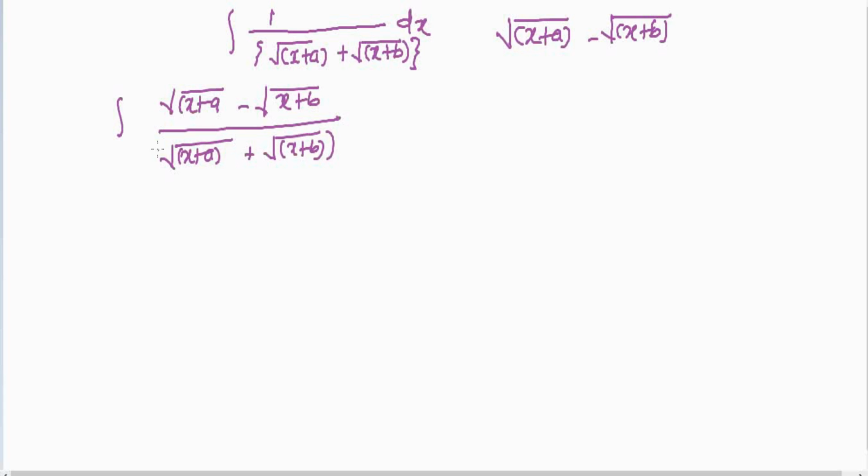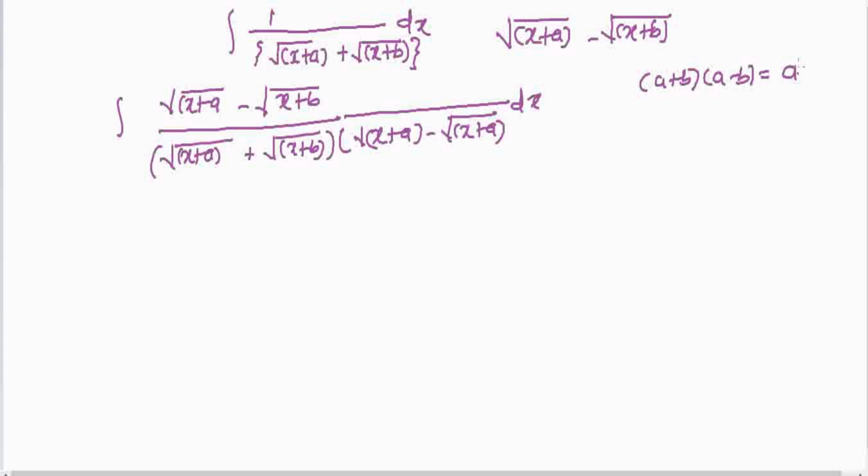This is our denominator, and we have multiplied by its conjugate, and in the denominator we have the terms like a plus b and a minus b, which is equal to a square minus b square. So this is equal to integration of under root of x plus a minus under root of x plus b.